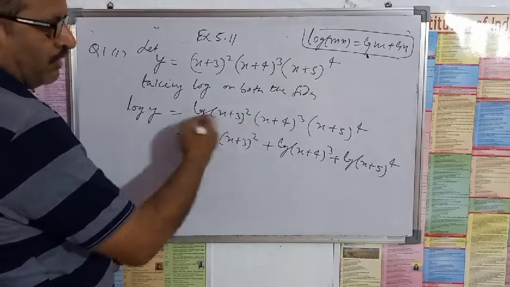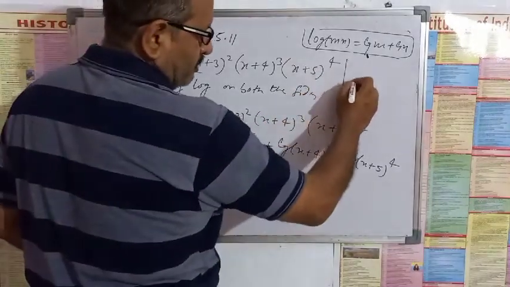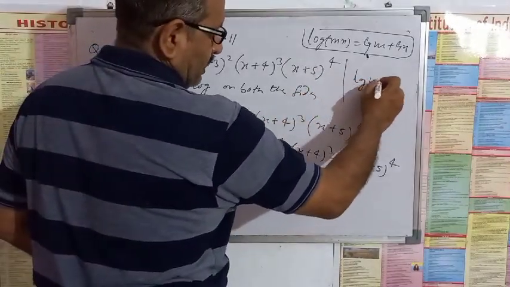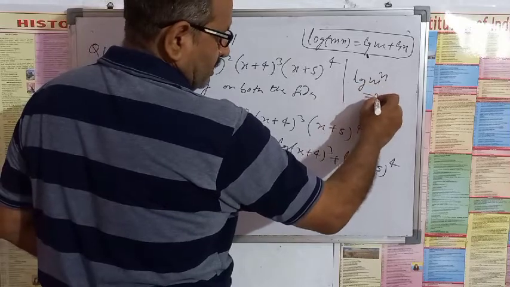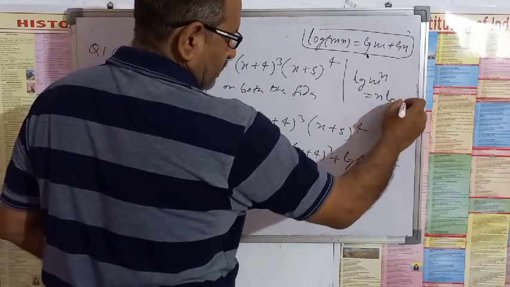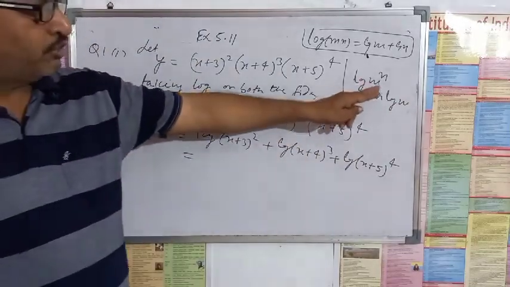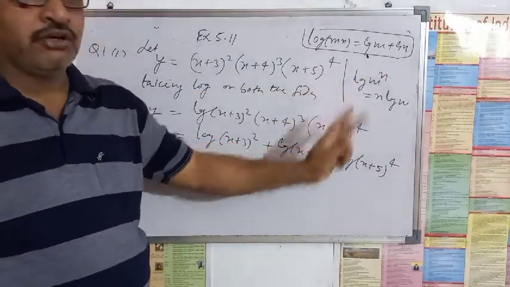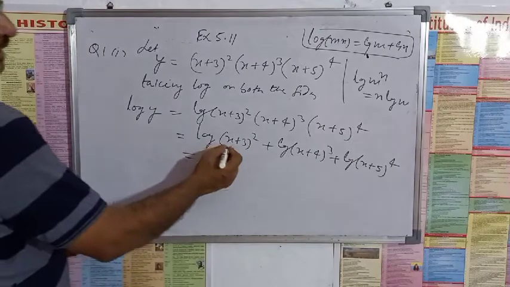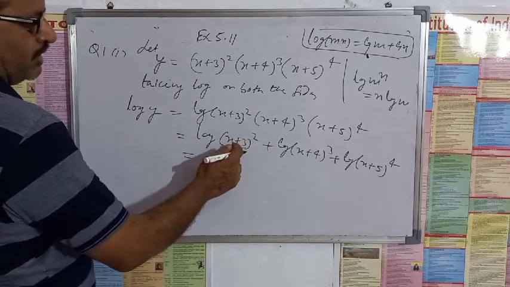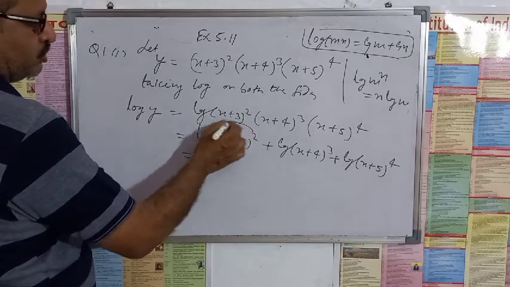Then apply the power rule. What is the power rule? Log m to the power n is equal to n log m. So here log (x plus 3) to the power 2, this 2 will come forward.